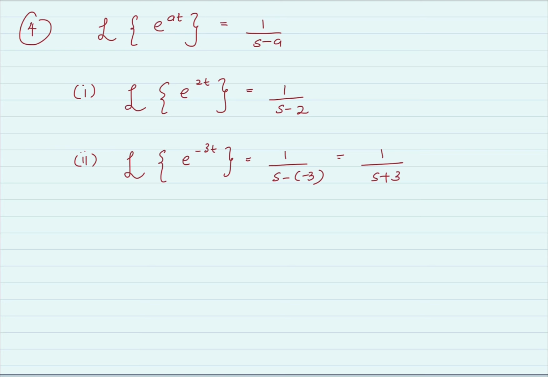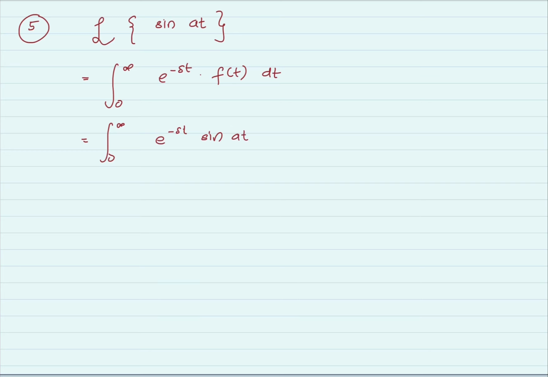So next, how about finding the Laplace transform of sin(at), where a is a constant. Same thing, we can use the definition, the integral from 0 until infinity of e^(-st) multiplied with f(t) dt, where our f(t) is sin(at).